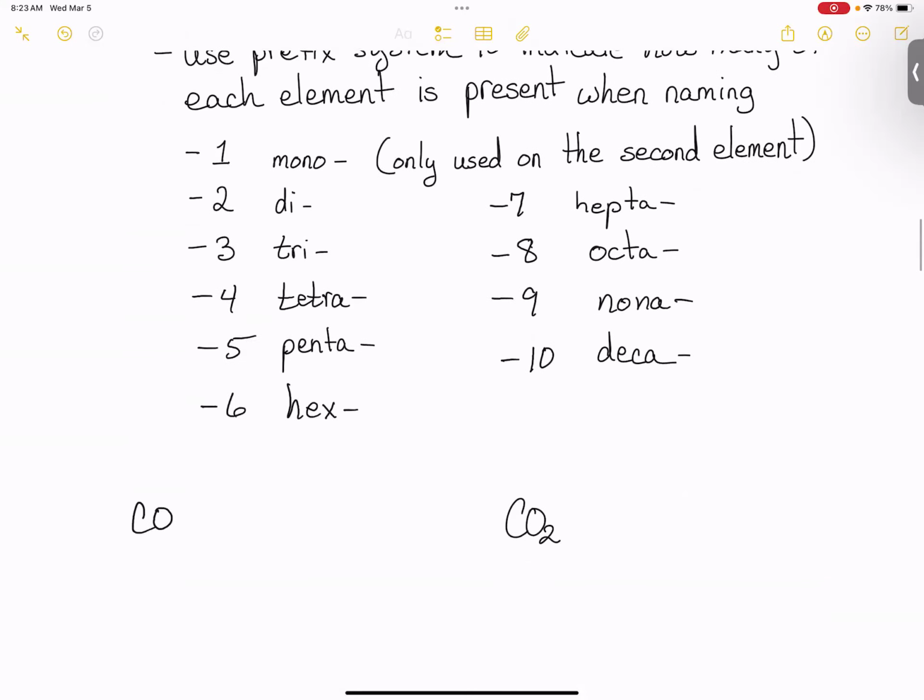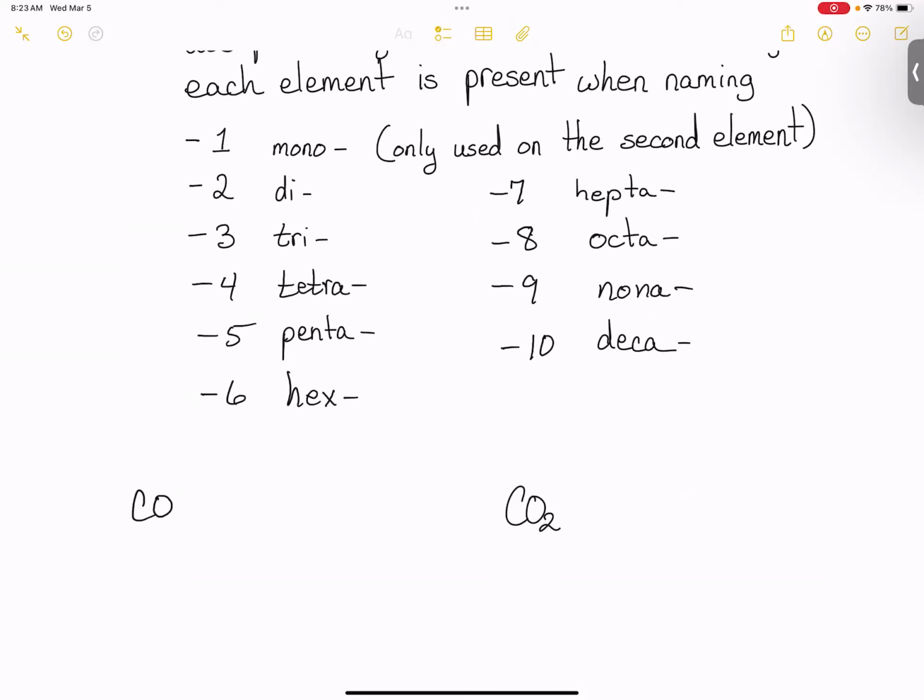So let's look at some examples. I gave you an example of CO and CO2. There is 1 carbon and 1 oxygen in the first compound, as represented by the subscripts associated with each element. We do not use the prefix mono on the first element, so this one is simply carbon, but we do use the prefix system for the second element, so this is monoxide.